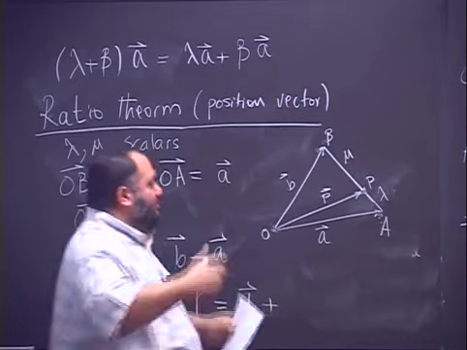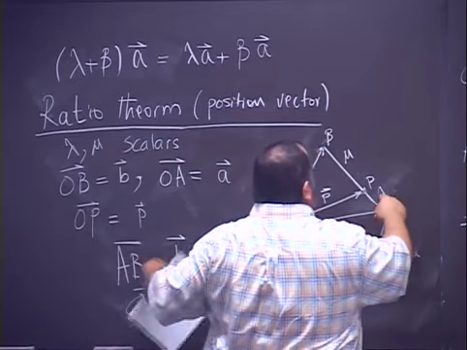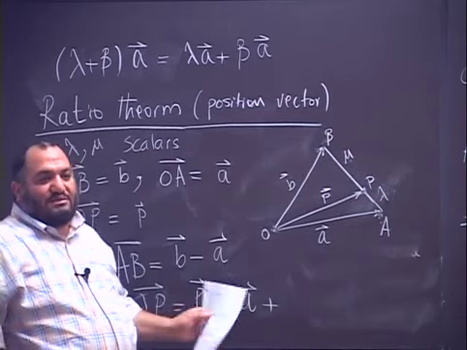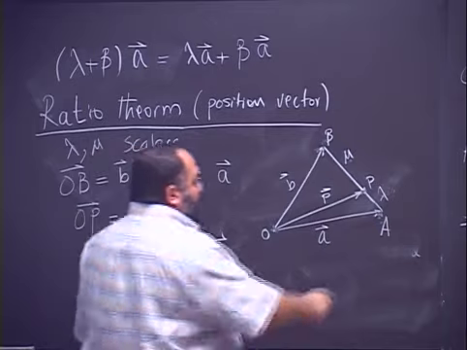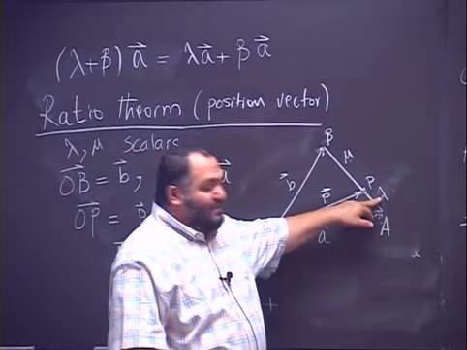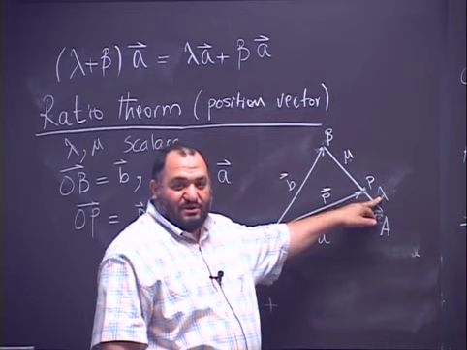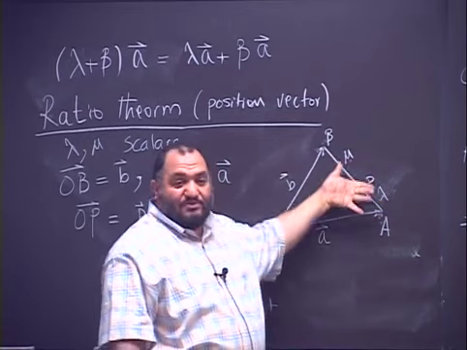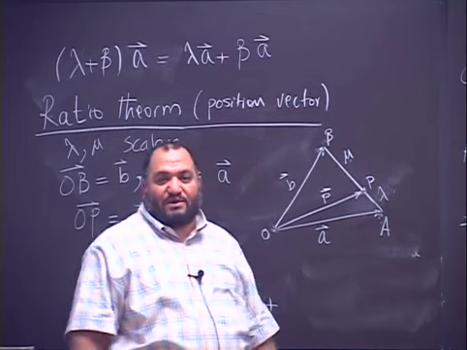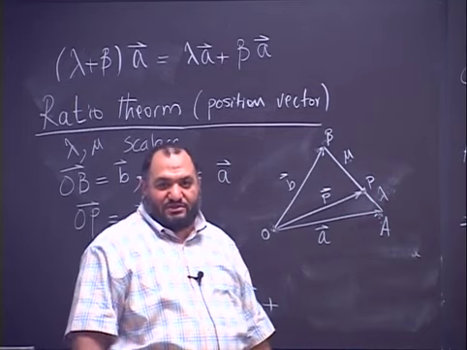So let's assume this is 1 meter, this is 30 centimeters, and this is 70 centimeters. In order to get this part, if I divide lambda, which is 30 centimeters, by lambda plus mu, which is 100 centimeters, this would give me 0.3. So this is the fraction.